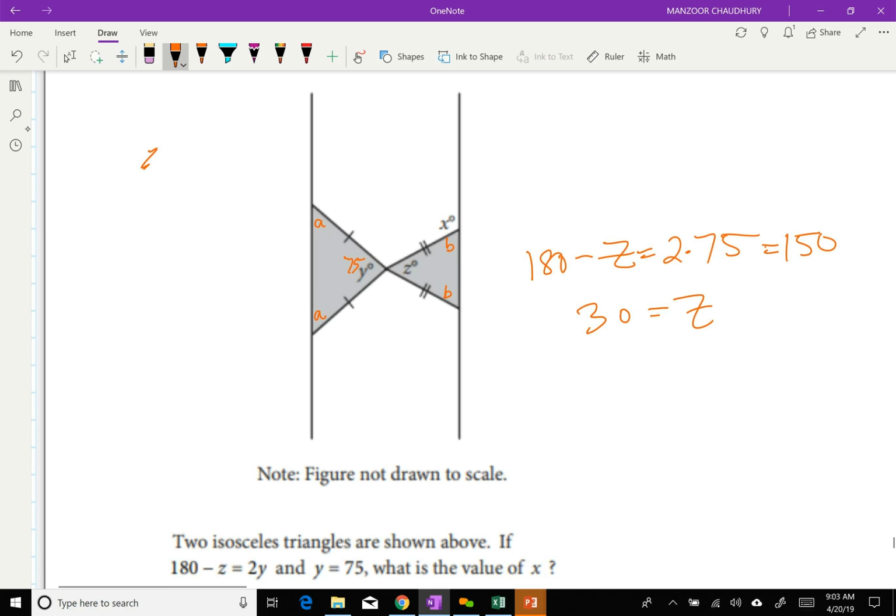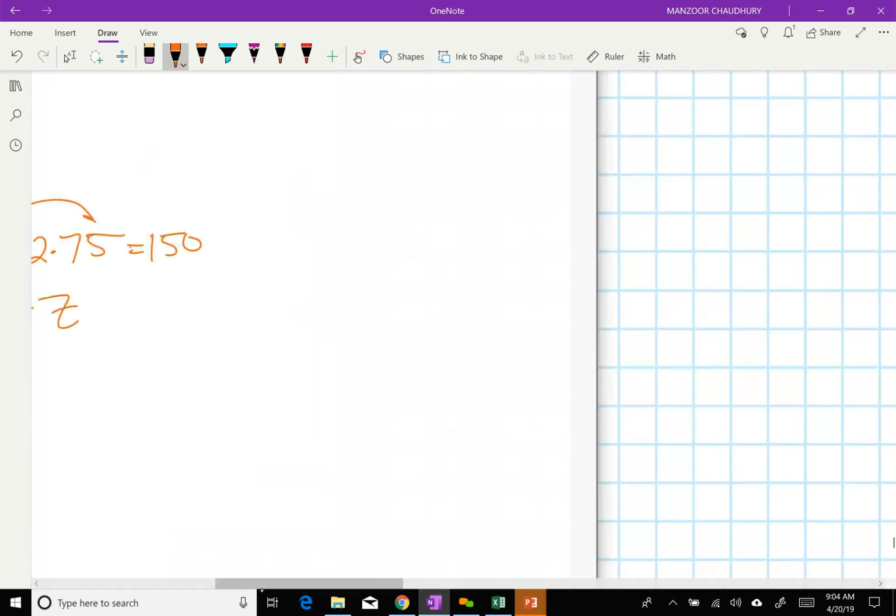Oh, wait, why 2 times 75? Because we know that y equals 75. It's right there in the formula.